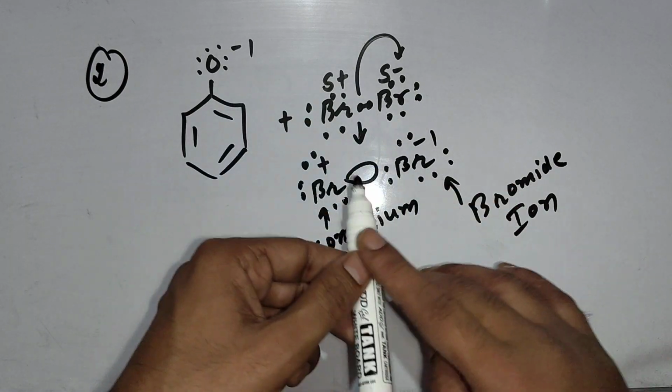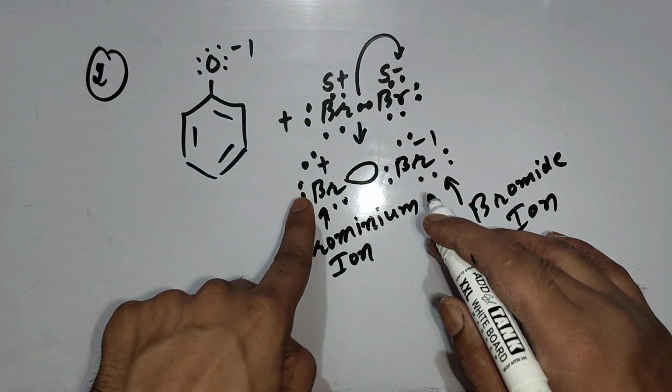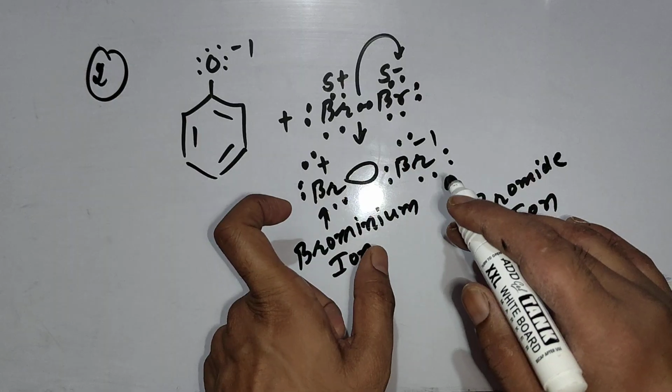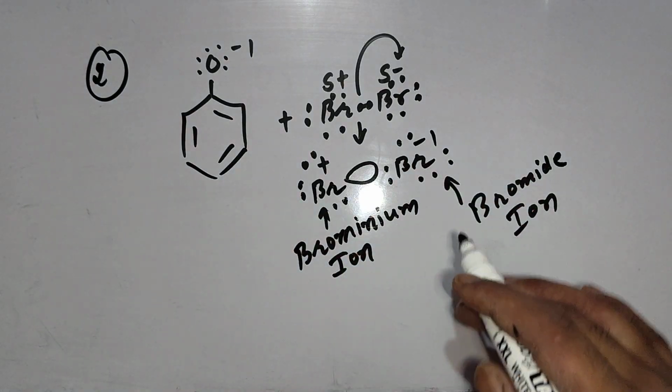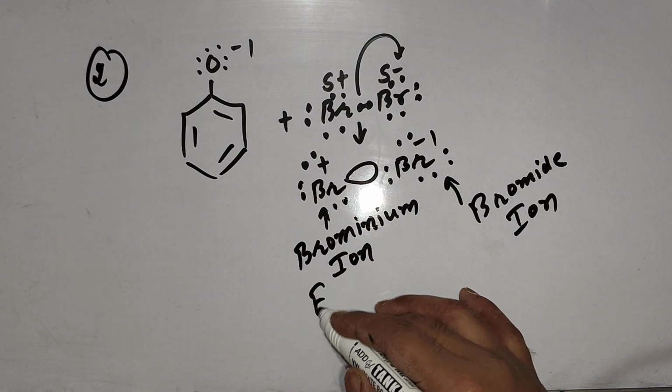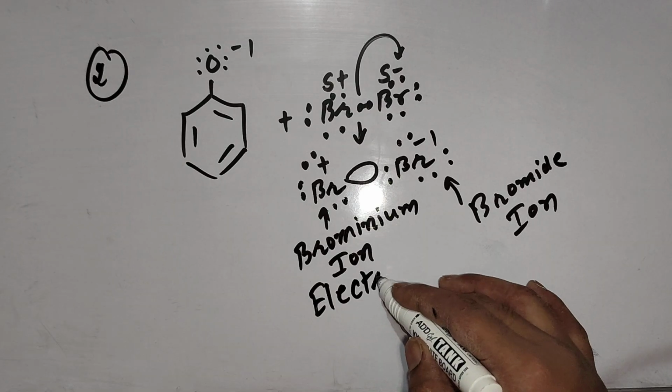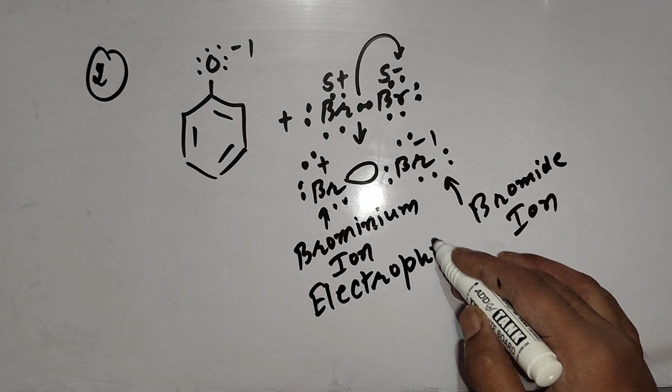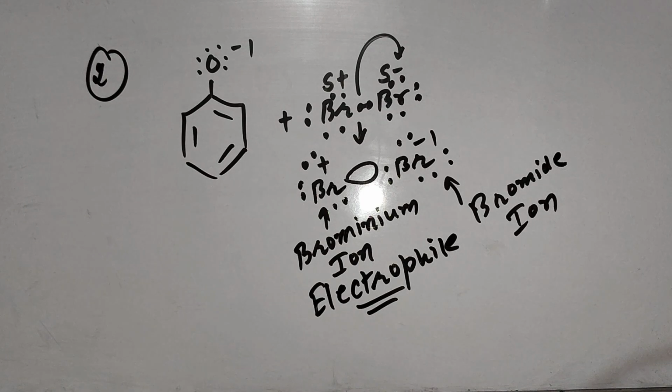So the bond will completely break, and the bromine on the left-hand side will become a complete brominium ion. Now this brominium ion is an electrophile. Electrophile looking for electron. Where do we have electron? On the benzene ring. On what positions? Ortho and para positions.